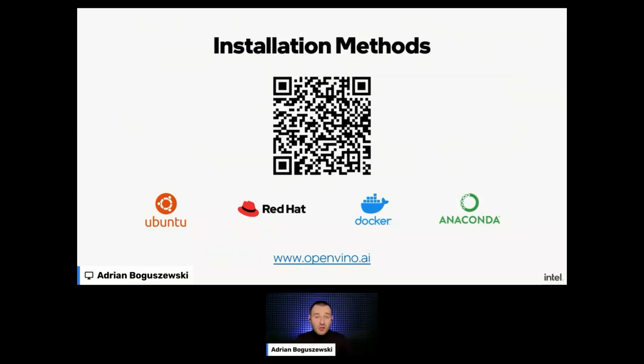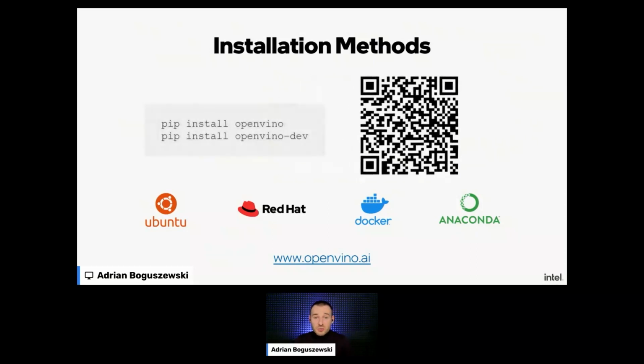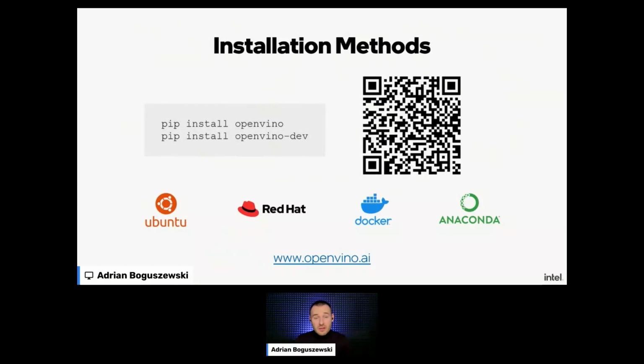You can also use Conda or Docker. But I assume probably most of you are Python developers. So in that case, the easiest way is to use pip, right? Pip install OpenVINO or pip install OpenVINO dev for development package. So this was the first step, installation.